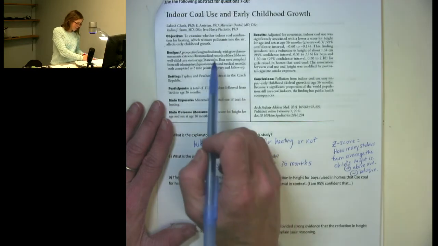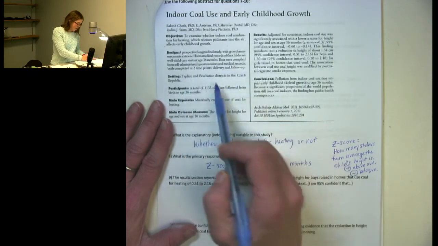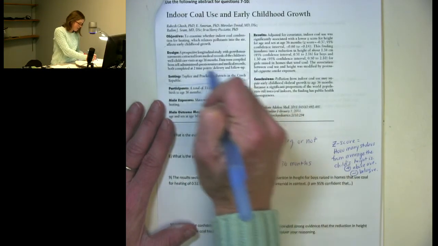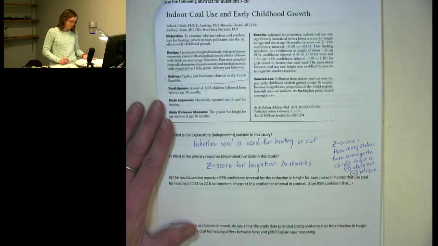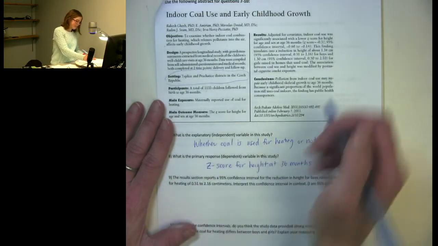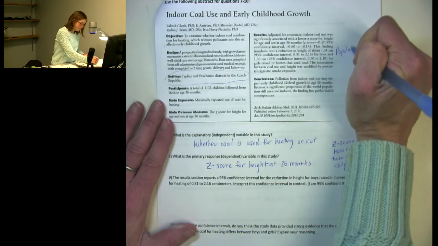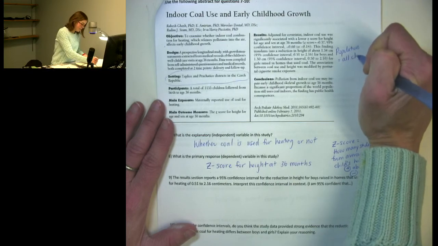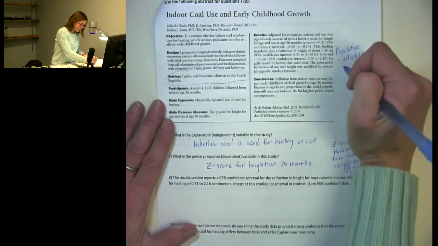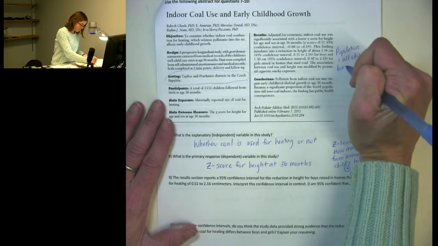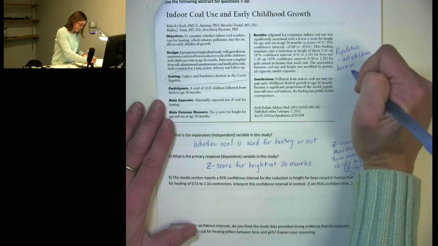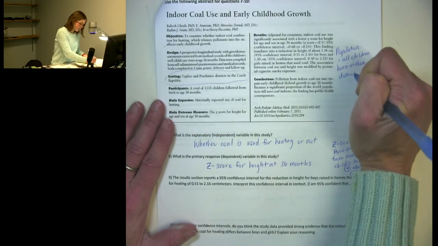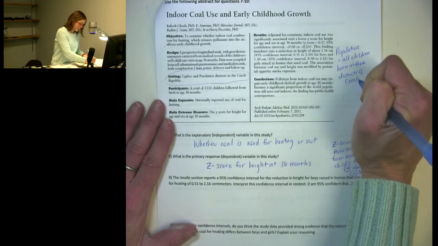As we look at it, we can see that they were looking at people in two particular districts in the Czech Republic. So maybe our population is all children born in these districts of the Czech Republic.